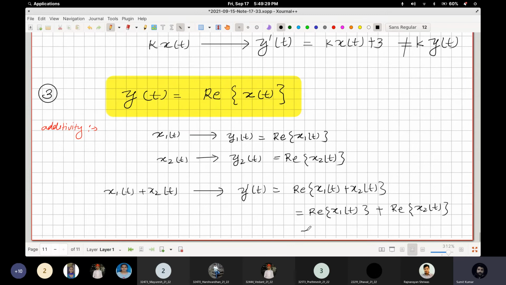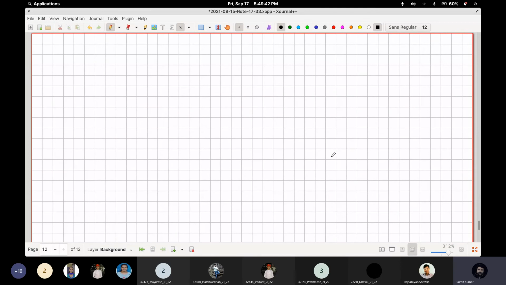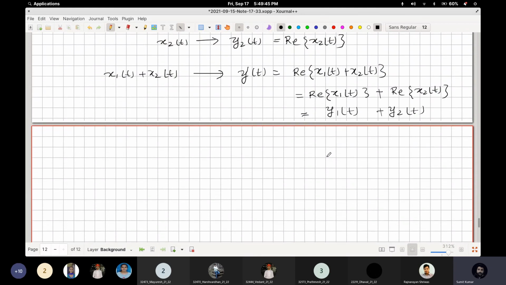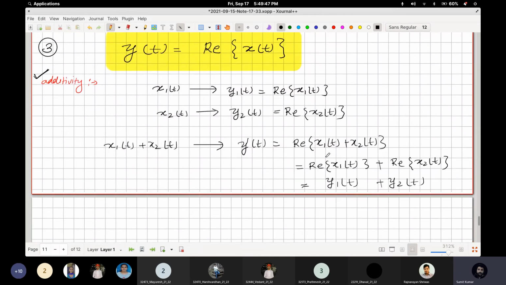Can you see this? It means it is equal to y1t plus y2t. So this is additivity. This is clear. Now let's see whether it is homogeneous or not.